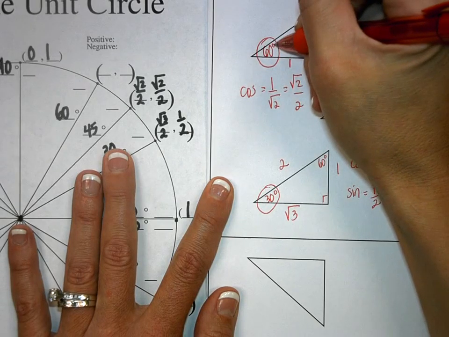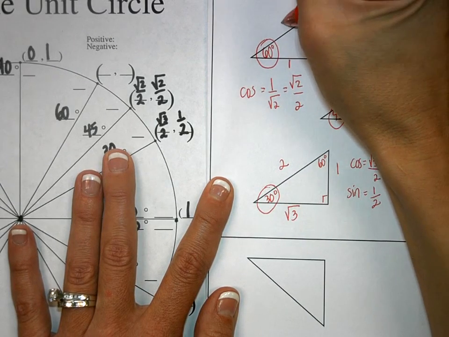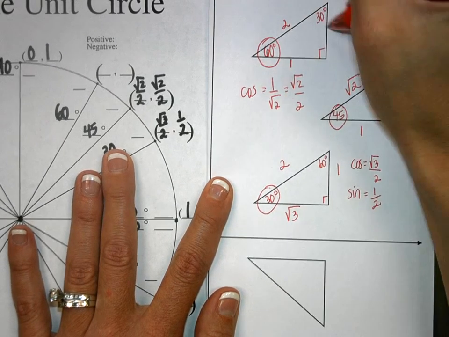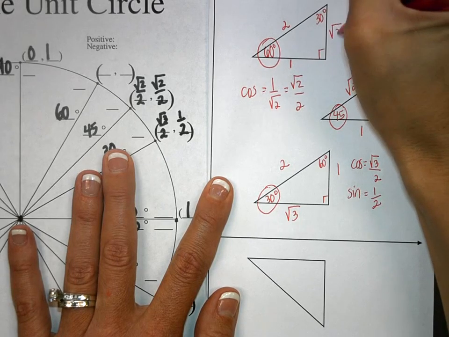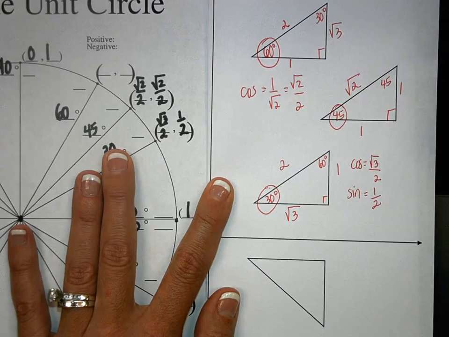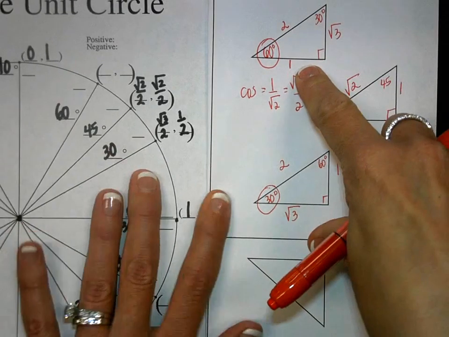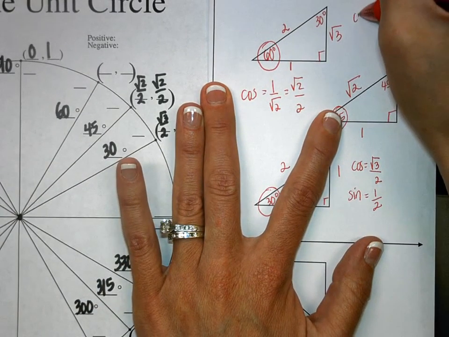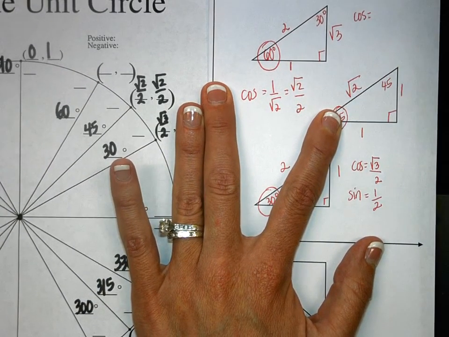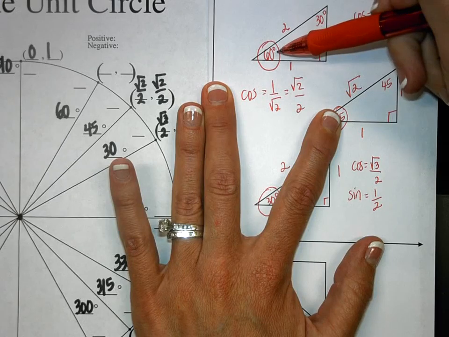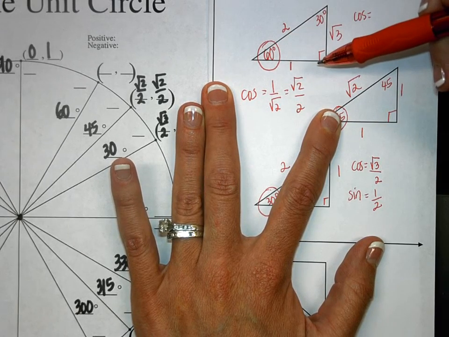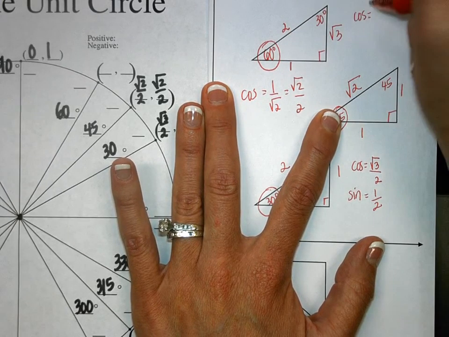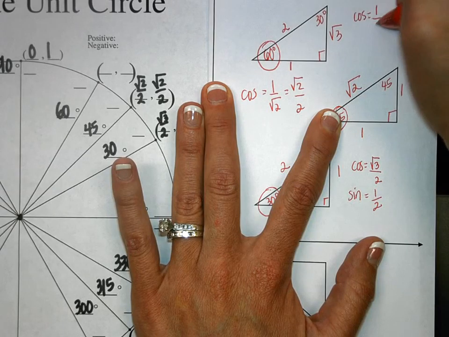Across from my hypotenuse is 2, and across from my 60 is root 3. So on my 60 angle, what is my cosine? Cosine is adjacent over hypotenuse, right? So adjacent is 1 over 2.